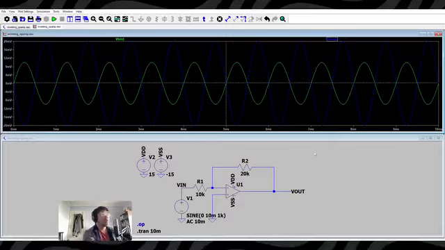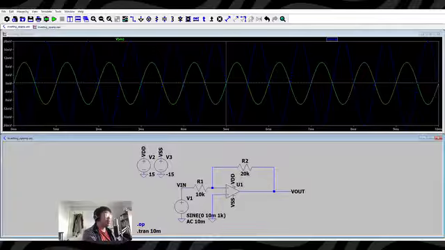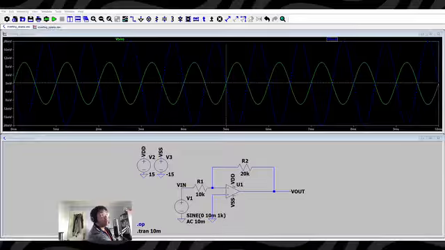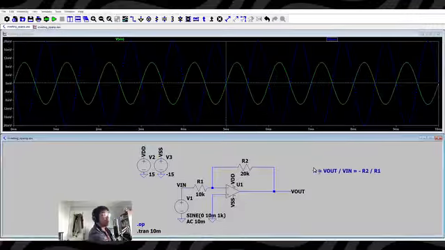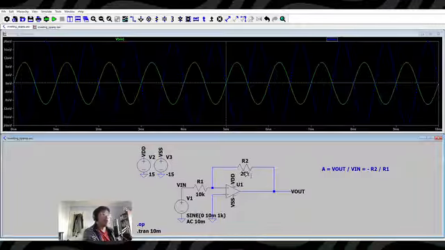For a typical inverting op amp, A is going to be equal to negative V out divided by V in, or actually, excuse me, V out divided by V in is equal to negative R2 divided by R1. Negative R2 divided by R1.